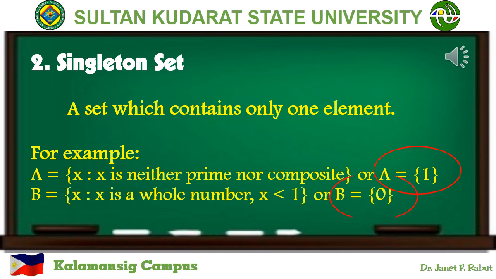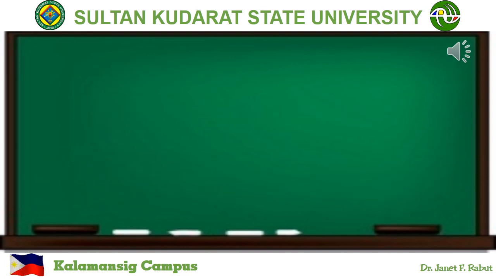Only 0. 0 is a whole number which is less than 1. That is why these conditions will give us one element only in a particular set. So that is a singleton set.